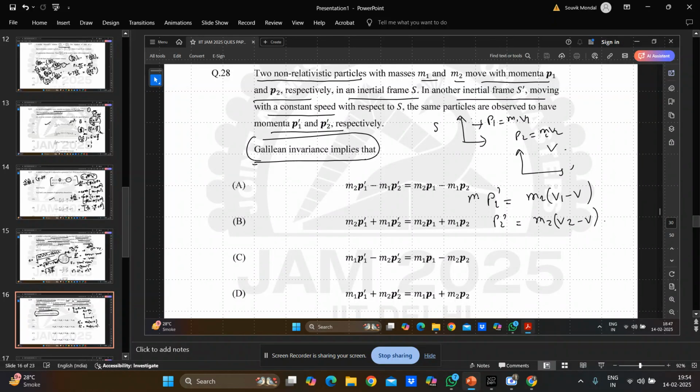So multiply by m2 here, m1 here, and subtract these two. So m2 p1 prime minus m1 p2 prime is equal to m2 p1 minus m1 p2, because the V term has m1 m2 coefficient, so it will cancel. That's why we are multiplying this. So option A will be correct.